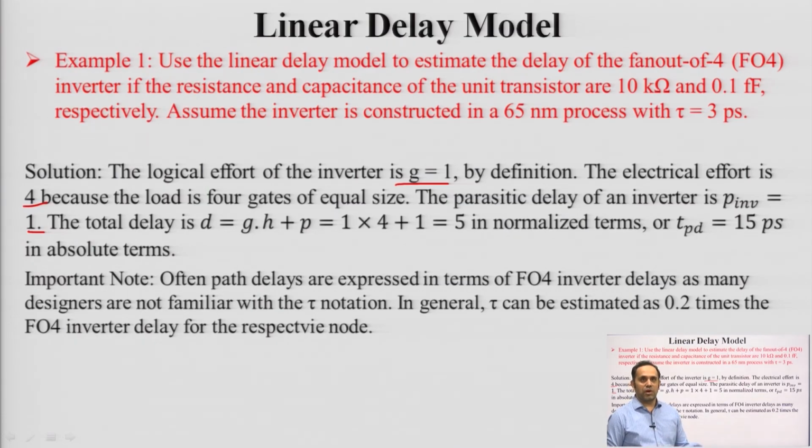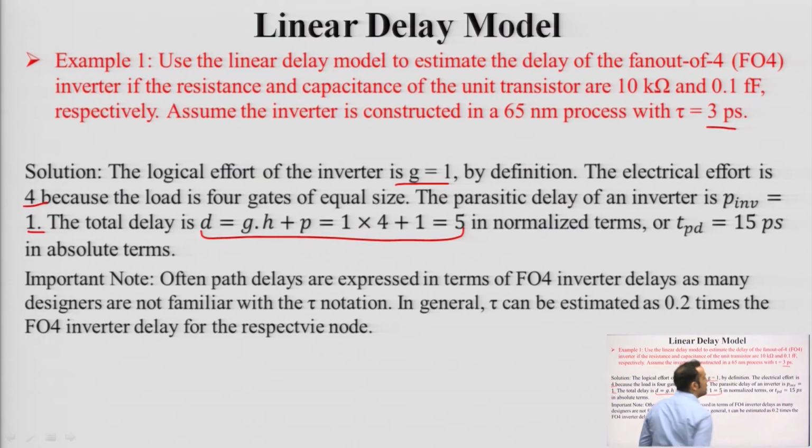So, total normalized delay according to the linear delay model, which is D equals G dot H plus P, is going to be equal to 5 in normalized terms. I multiply it with the value of time delay, which is given as 3 picoseconds. So, the total propagation delay as per this model I am getting as 15 picoseconds.